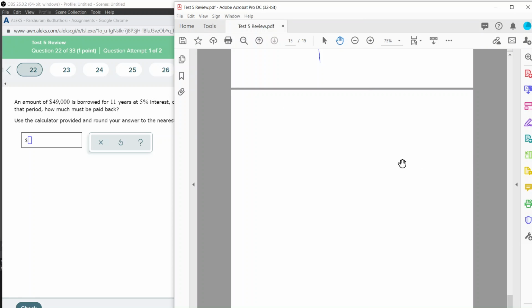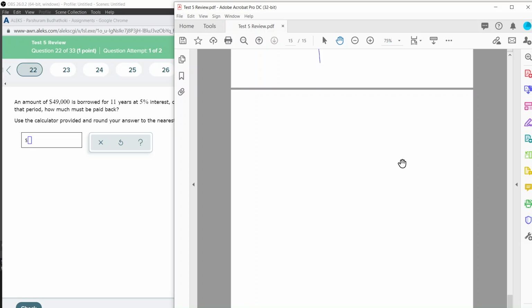There are two compound formulas. One is compound n times a year. Another one is compound continuously. So we are going to use compound n times a year. In this case, the amount borrowed is 49,000. That's the initial amount, that's the P.